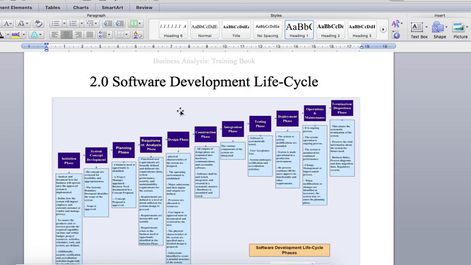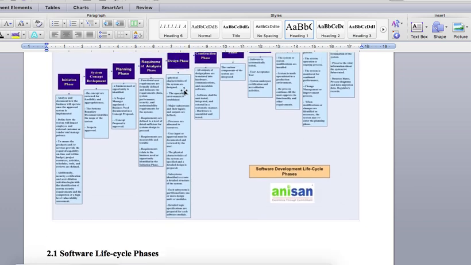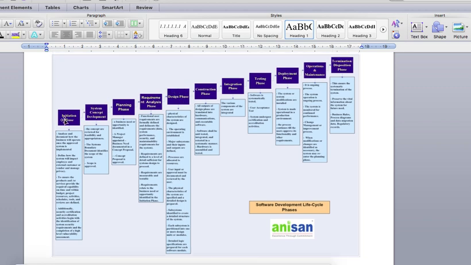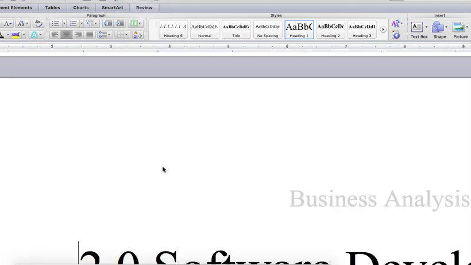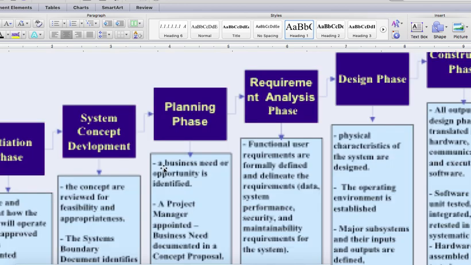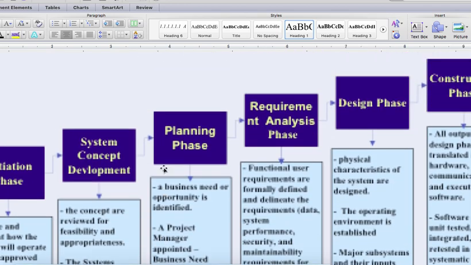So what we are going to learn is 2.0 software development life cycle. And here, if you see the phases we have mentioned, the diagram is actually not legible. Let me see if I can increase this and make it 500. But we are going to cover all this part in detail, so don't worry if you don't see the diagram.